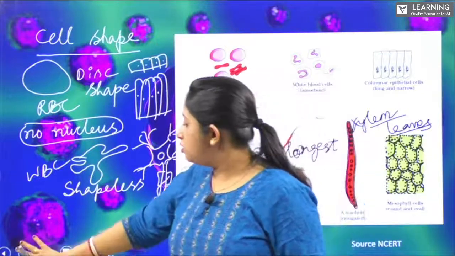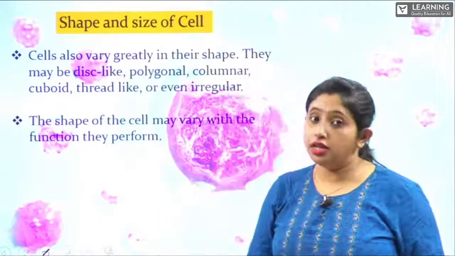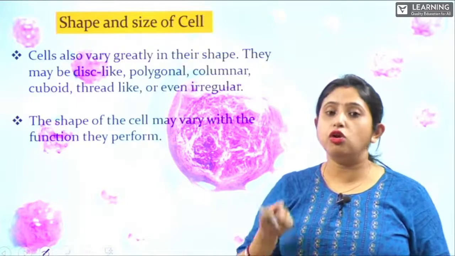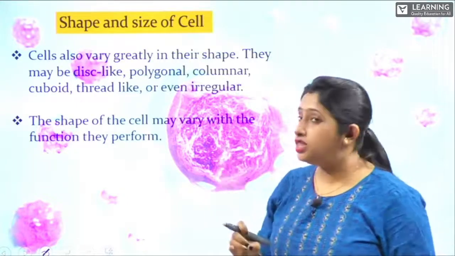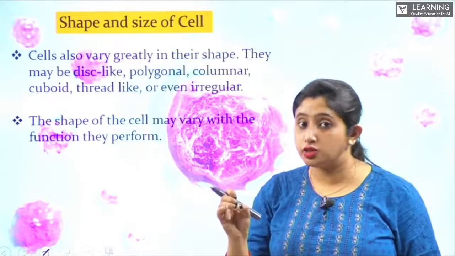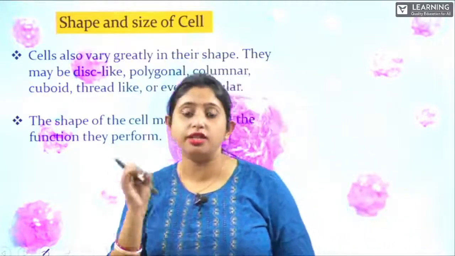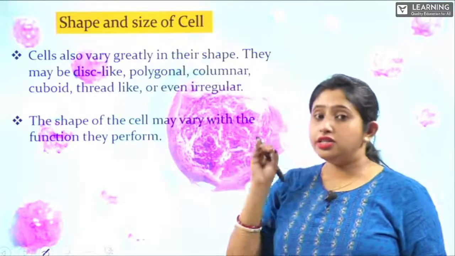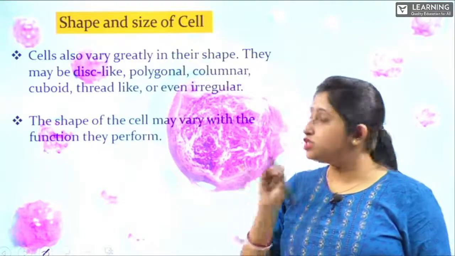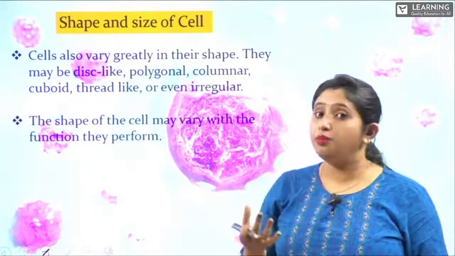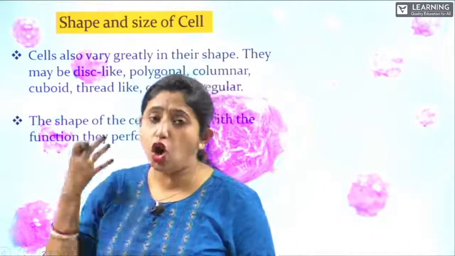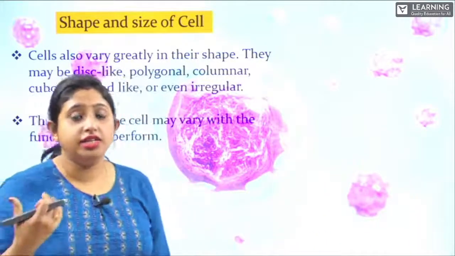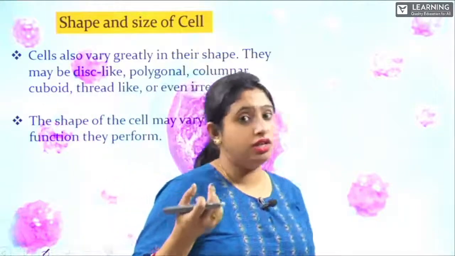Now talking about the volume of the cell, the size also varies from one organism to another. Some cells are very small. In case of bacteria, mycoplasma is the smallest cell. Whereas some cells, like the ostrich egg, are the largest cell.